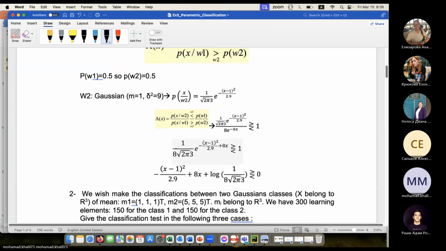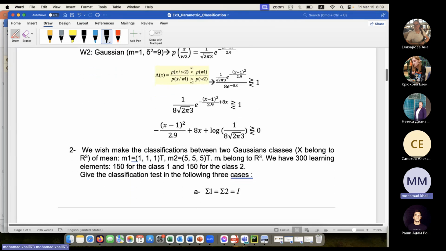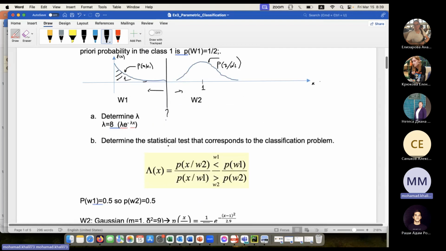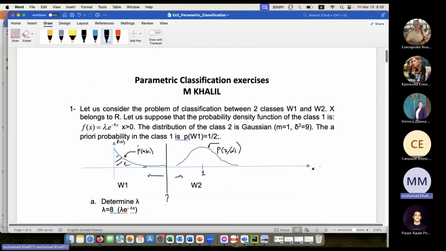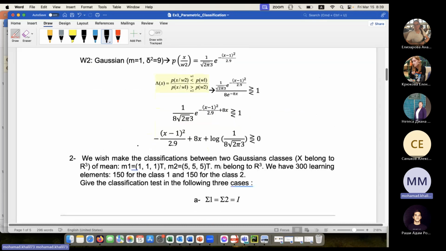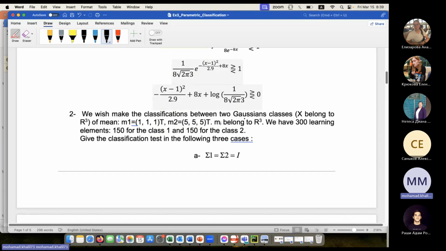Okay, great. Now I will pass to the second exercise, which is more complicated. We wish to make the classification between two Gaussian classes. Now x belongs to R3, with two Gaussians of mean M1 equal to 1, 1, 1 and M2 equal to 5, 5, 5.